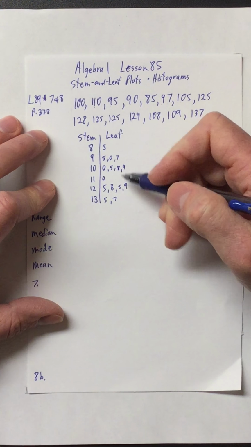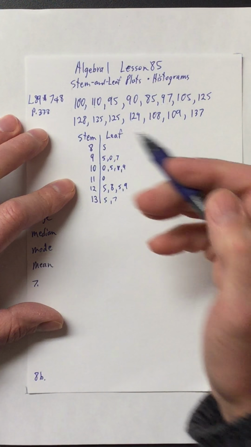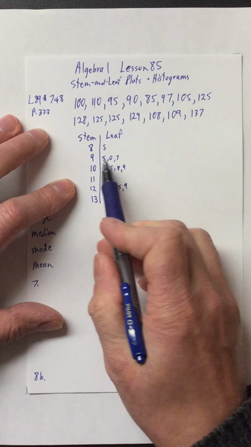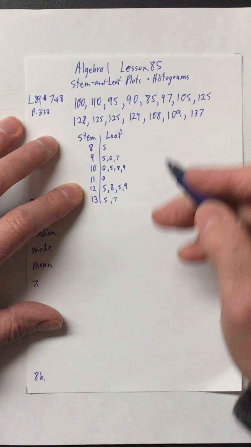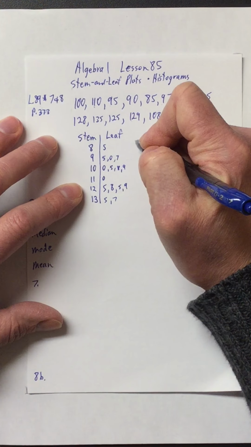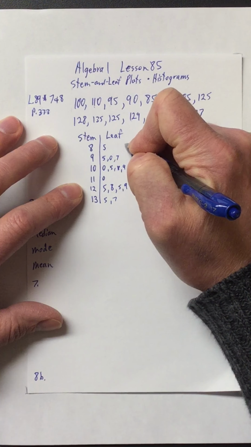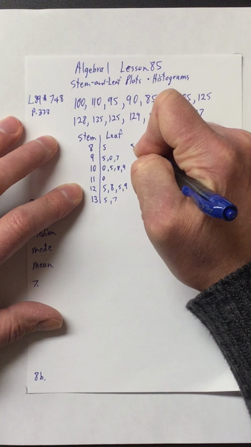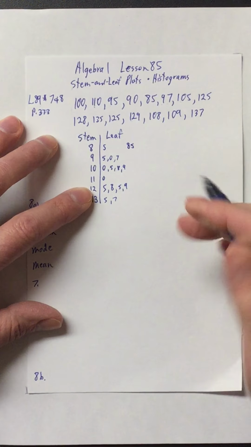And you ask, why are we doing that? Well, now we come back with a second step and put these numbers into numerical order. For example, this one only has one, so we simply have a 5 here. 85, right?